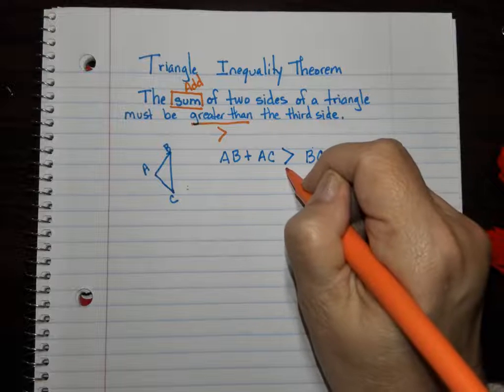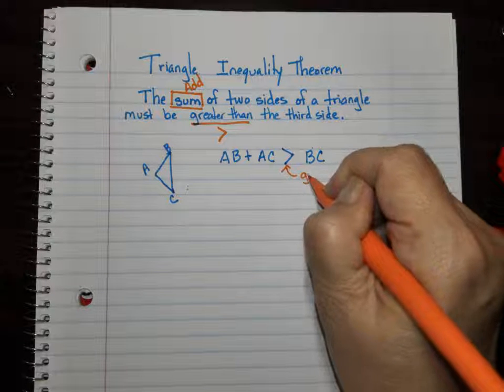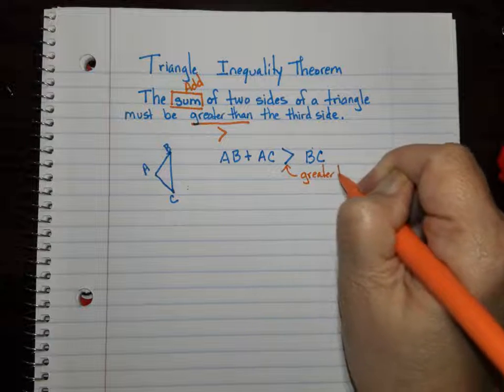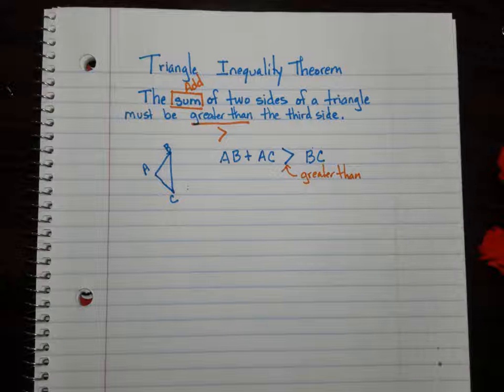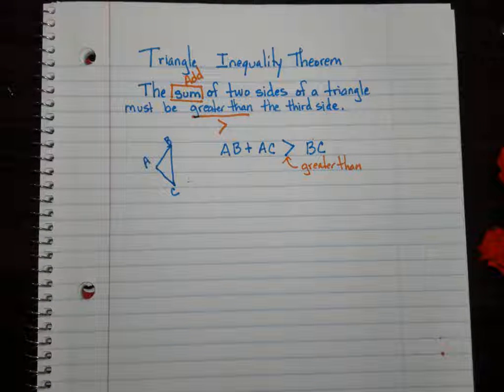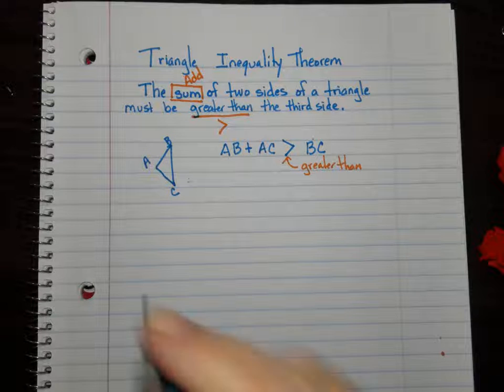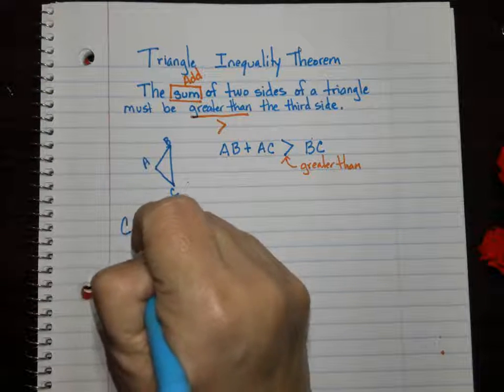Right? This is our symbol that says greater than. And so one of your skills that the state of Texas says you have to know is you have to be able to know if somebody tells you 3 measurements, do those measurements make a triangle or not? Alright, so, can we make a triangle?